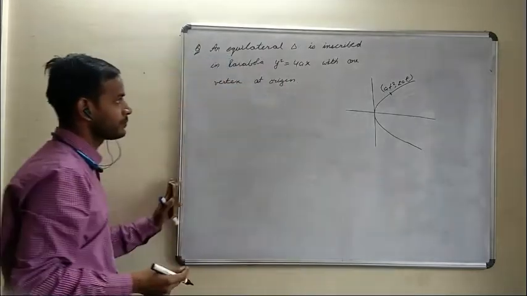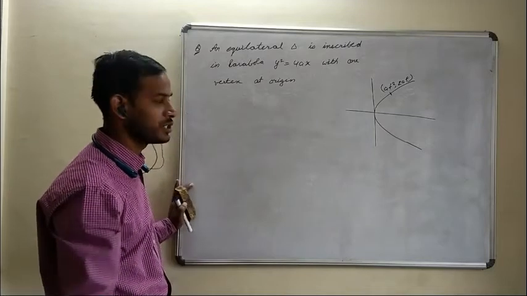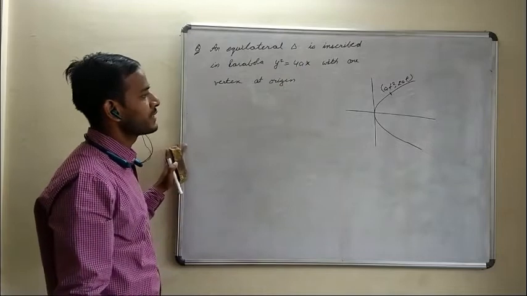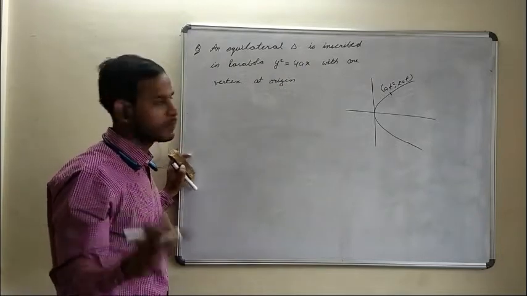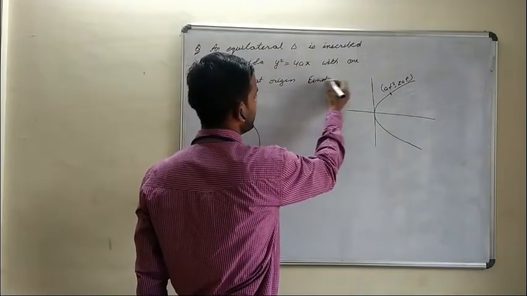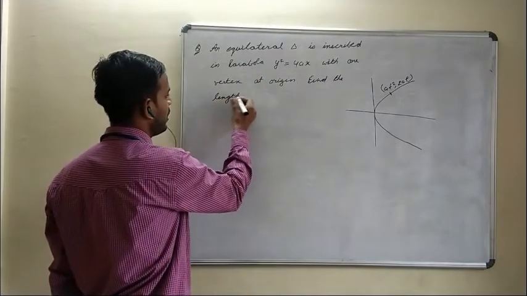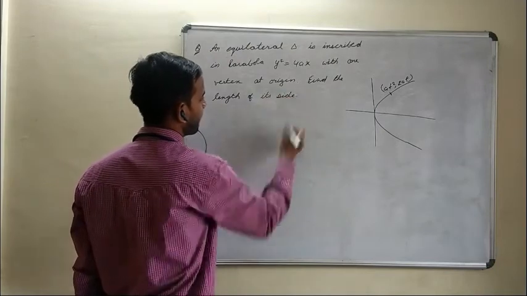So one vertex of the equilateral triangle lies on the origin, so according to the equation, the vertex of the parabola is also one vertex of the equilateral triangle. Find the length of its side.